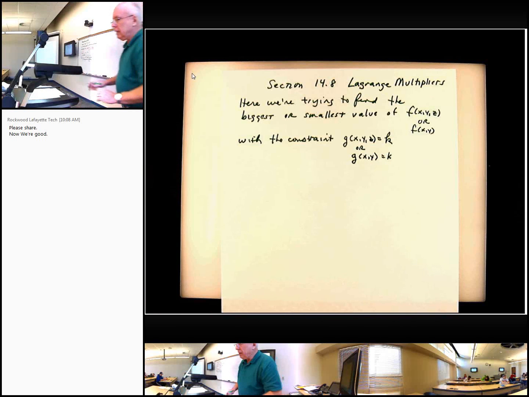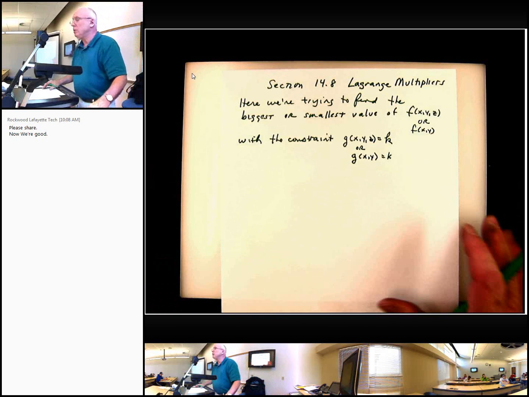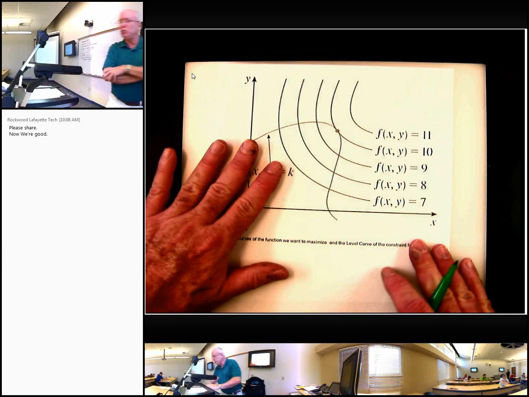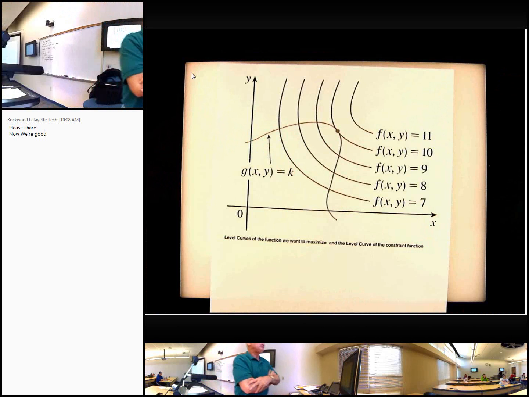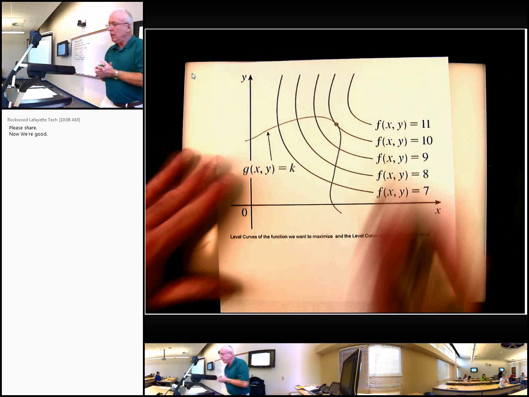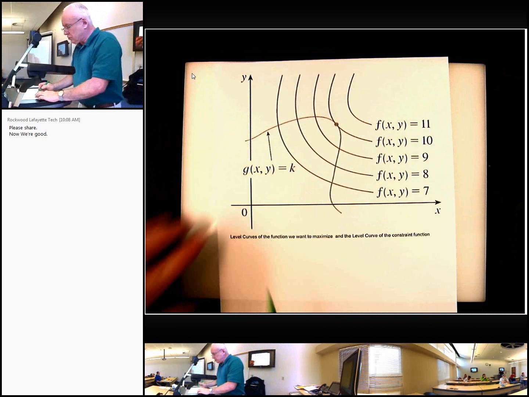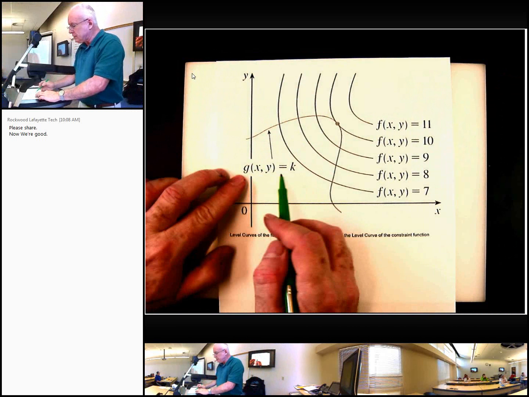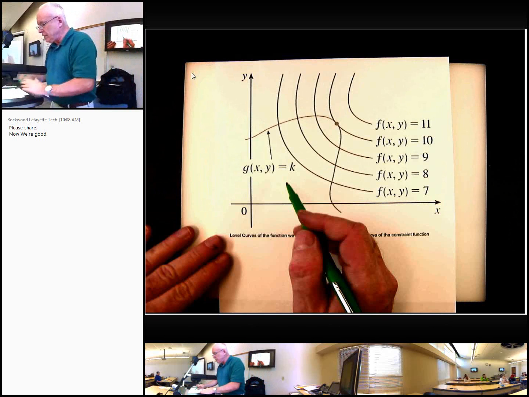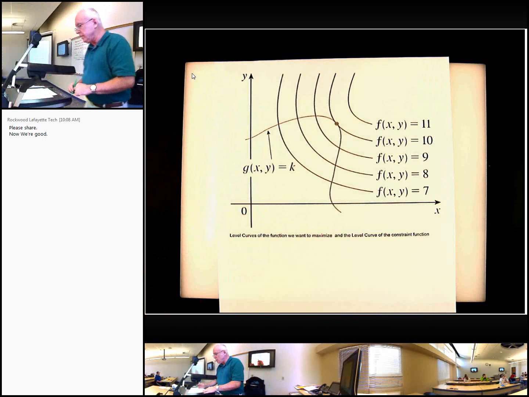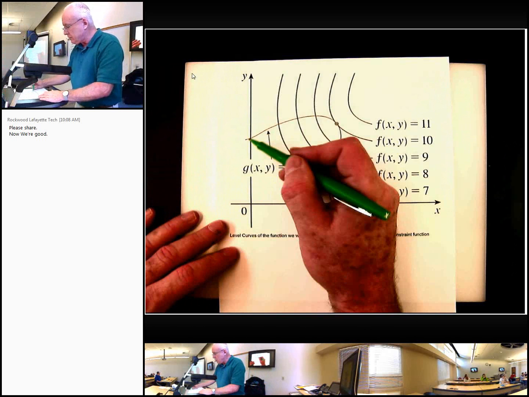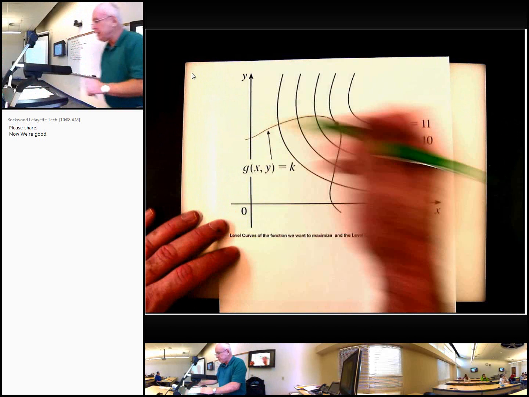All right. Let me show a bunch of level curves. Here we're looking at a function of 2 variables, f(x, y), and this is the constraint that the variables x and y have to meet: some function of x and y equal to k. We can plot this on the x and y axis. That's our constraint.